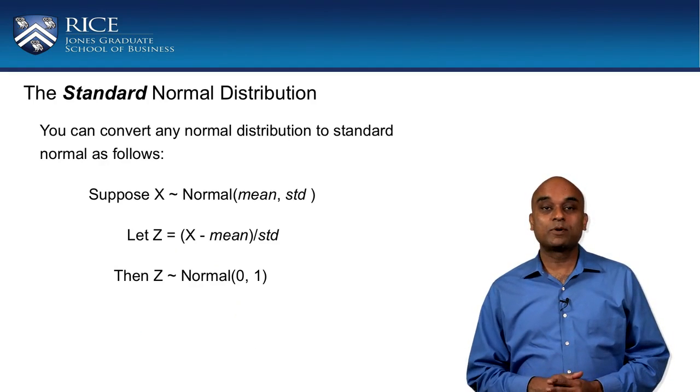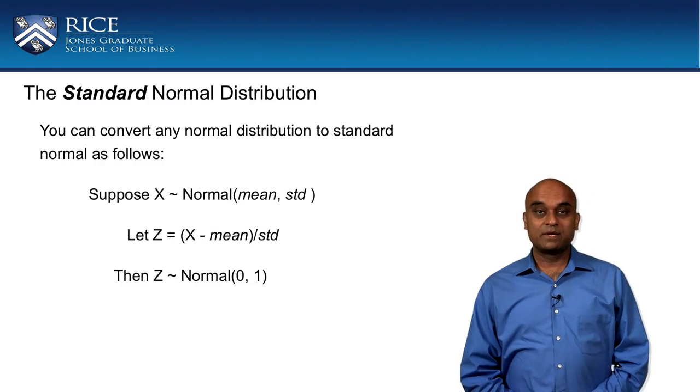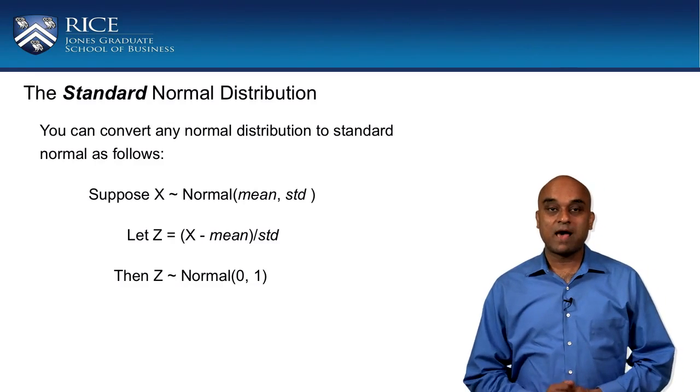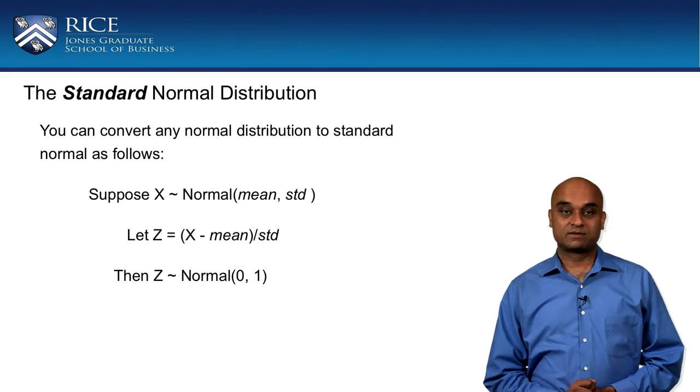An important property relating to the standard normal is that any normal distribution of a random variable can be converted into a standard normal by subtracting the mean value from the random variable and dividing it by the standard deviation.